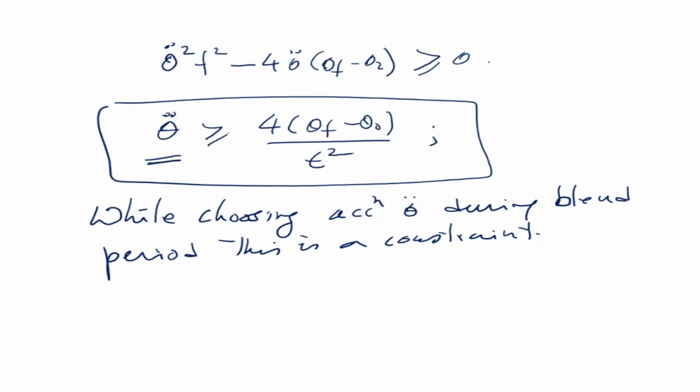Now let us look at an example, the same manipulator that we were talking about some time back. It is a single link manipulator moving from 15 degrees to 75 degrees in 3 seconds.